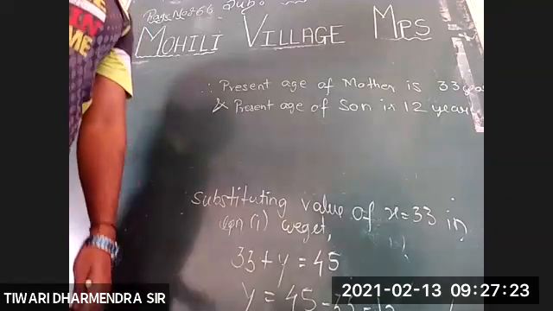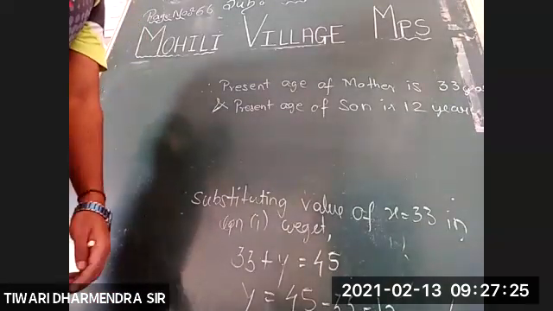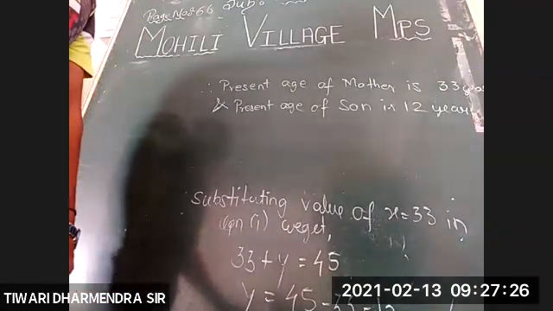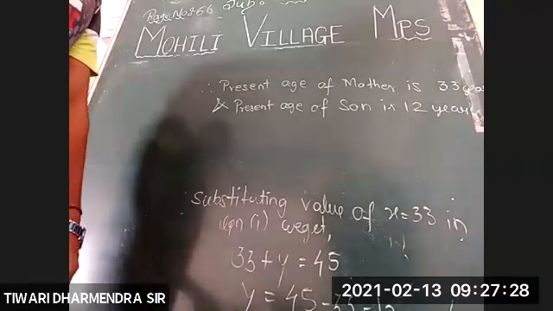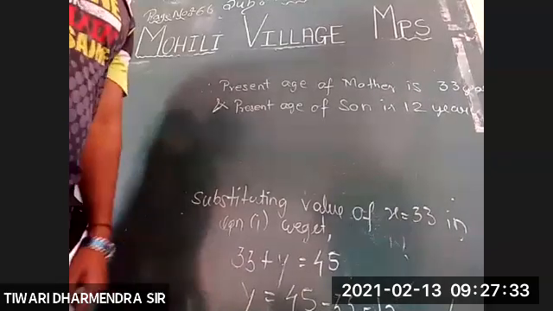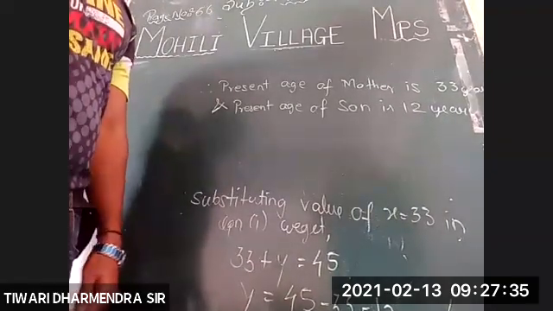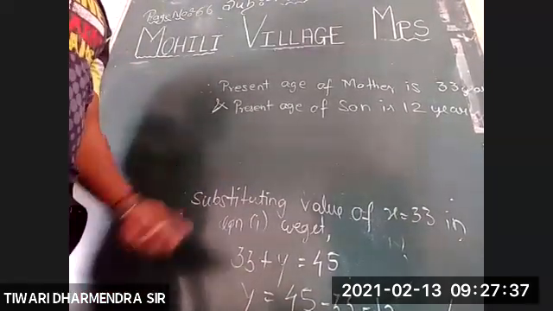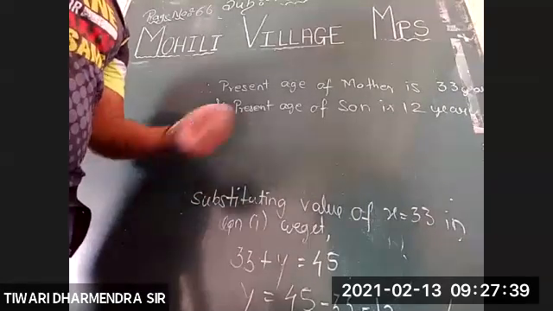And this way we solve the problems of linear equation in two variables. So the method that we are doing right now is called the elimination method. Why elimination method? Because we eliminate one of the variables.